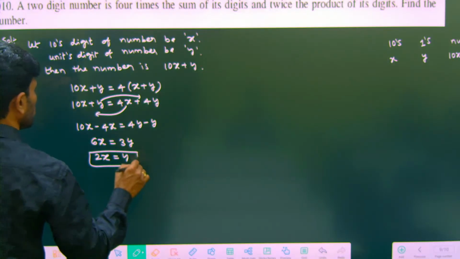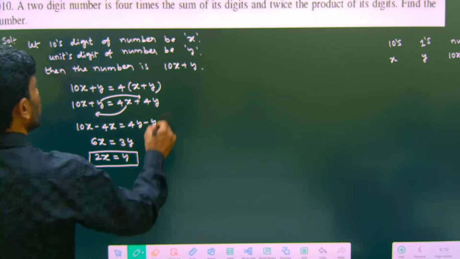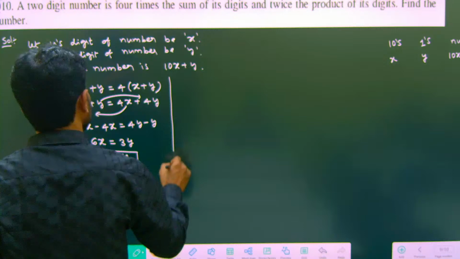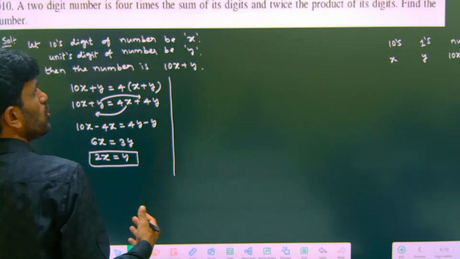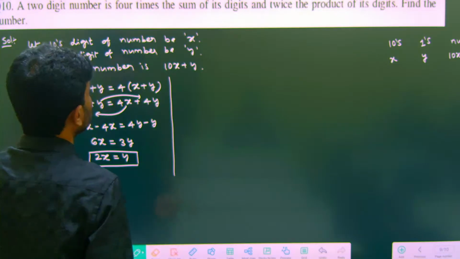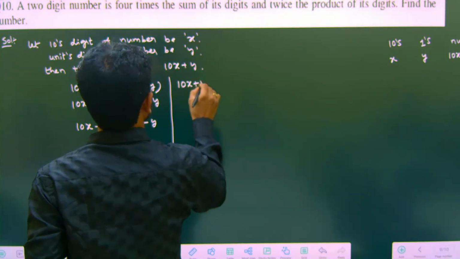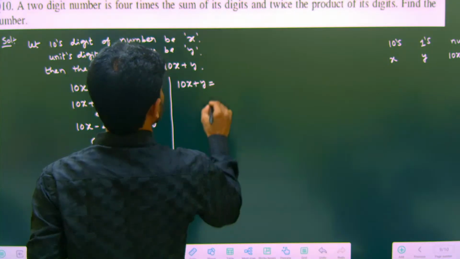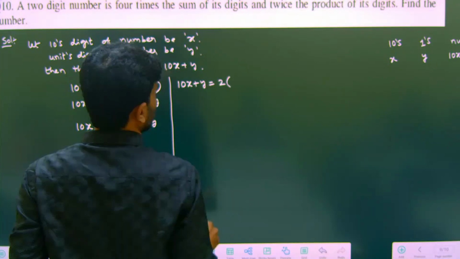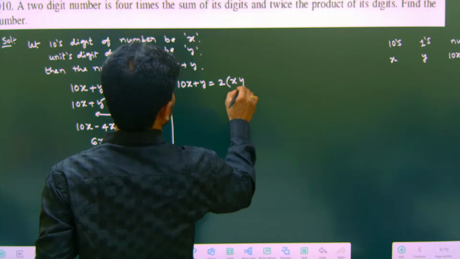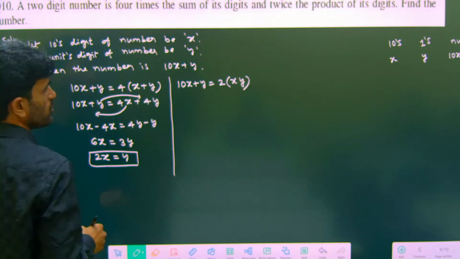This is one equation. And one more thing they said: the number is also equal to twice the product of its digits. So the number is again 10x plus y, and that is also equal to twice, means 2 times, the product of digits, which is x into y.